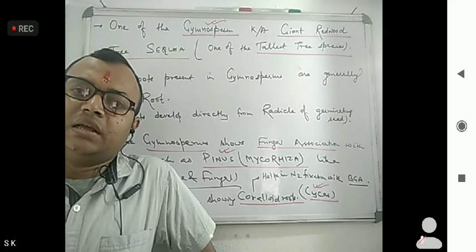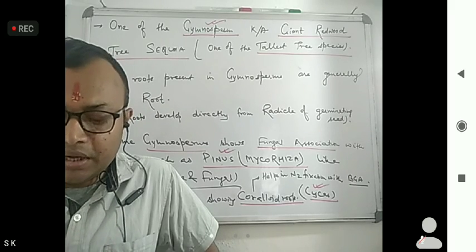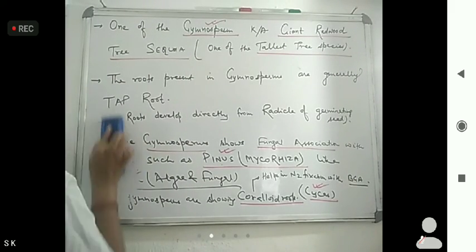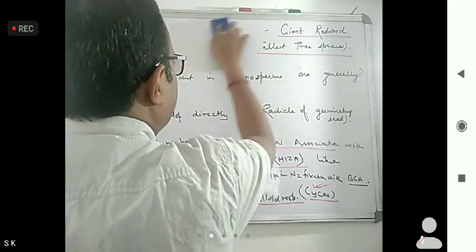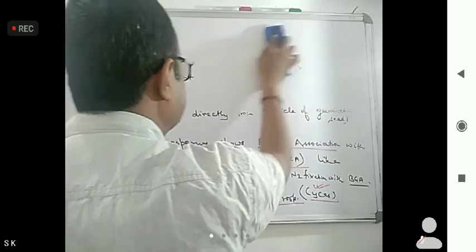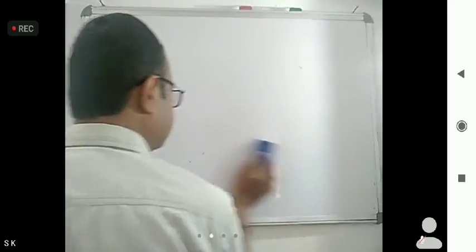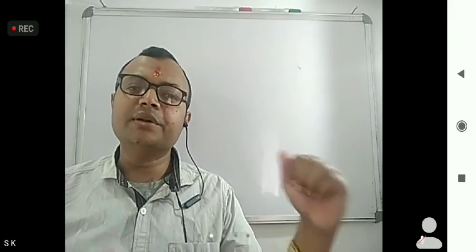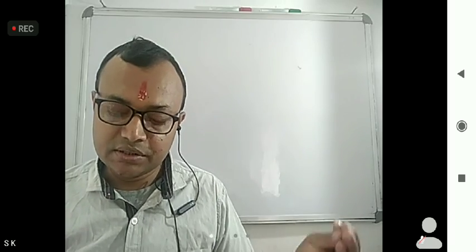Now, the stem found in gymnosperms may be branched or unbranched. We will see this in detail in the next class. Branched stems are found in Pinus and Cedrus; unbranched stems are found in Cycas.